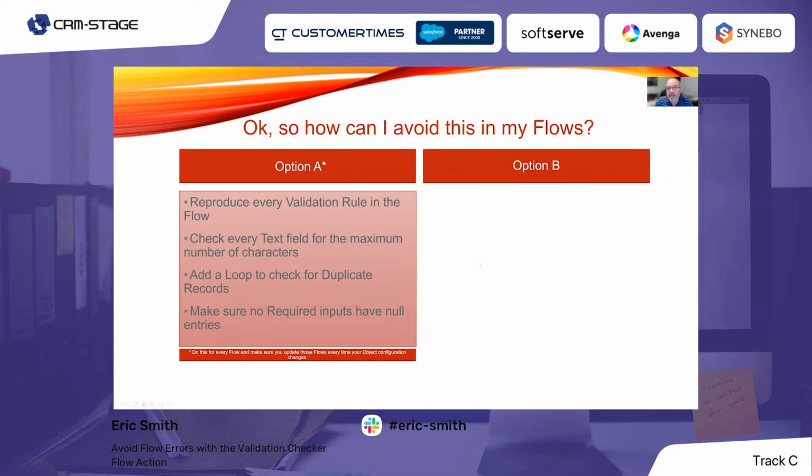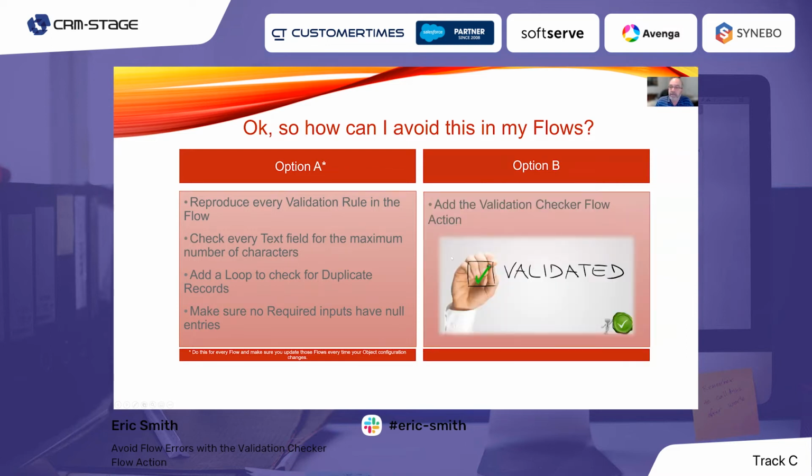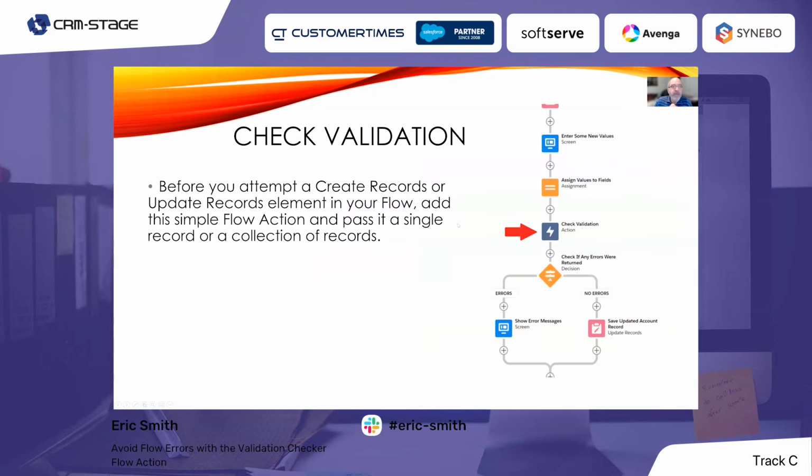Now, option B is another way that you can do this, and that's just add this validation checker flow action to your flow and let this go out ahead of time and check, are there any errors? And it'll tell you if there are any errors, and then you can decide in your flow how you want to react to those or act on those.